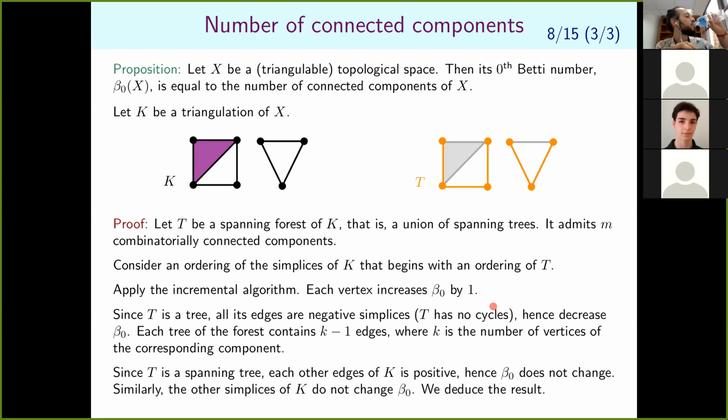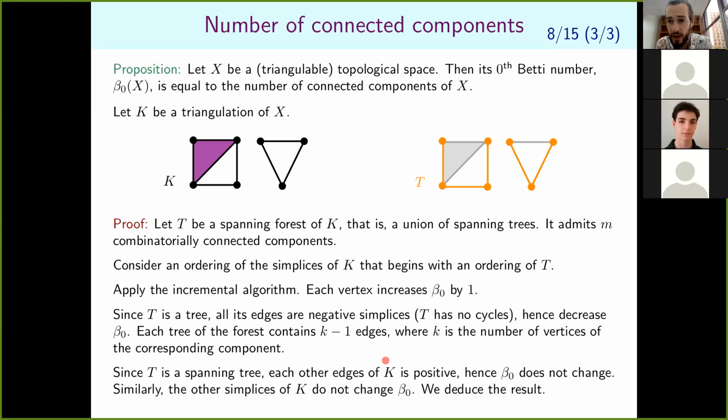Then I add all the edges of my spanning trees. And the property that they are trees implies that all its edges are negative simplices. The spanning tree has no homology. It has no cycles. So each time I add an edge, I decrease beta 0 by 1.